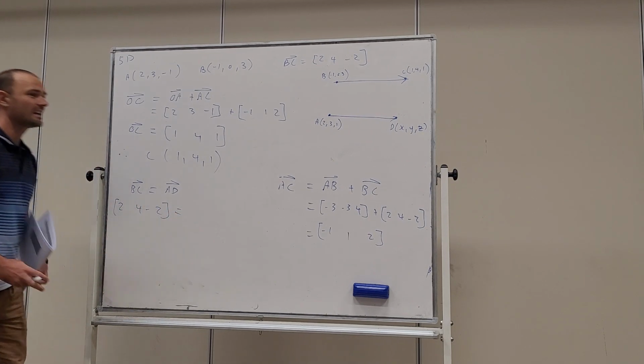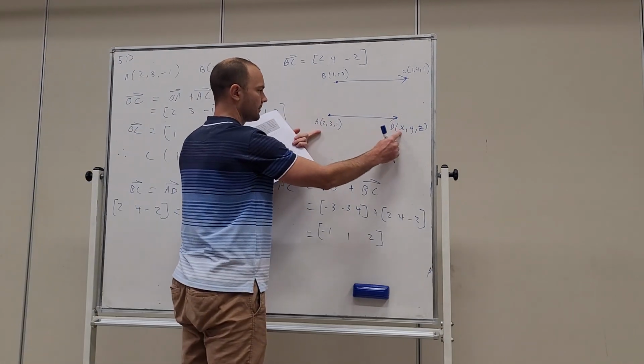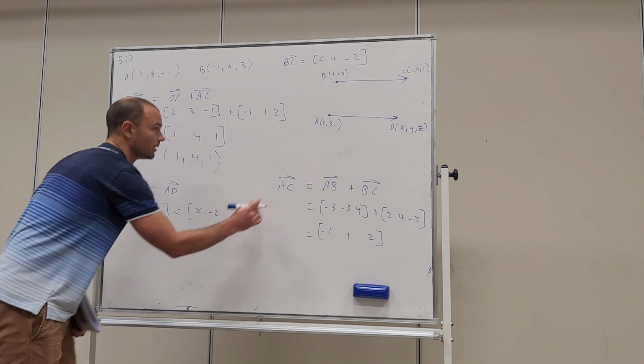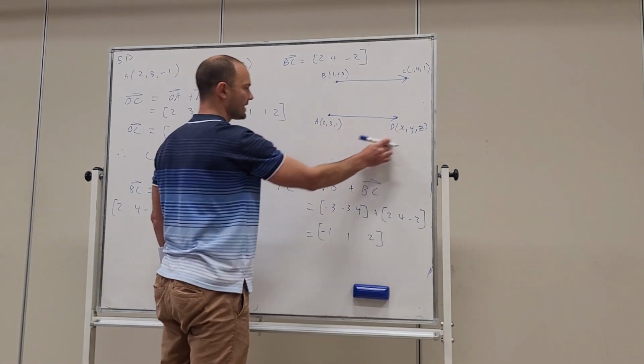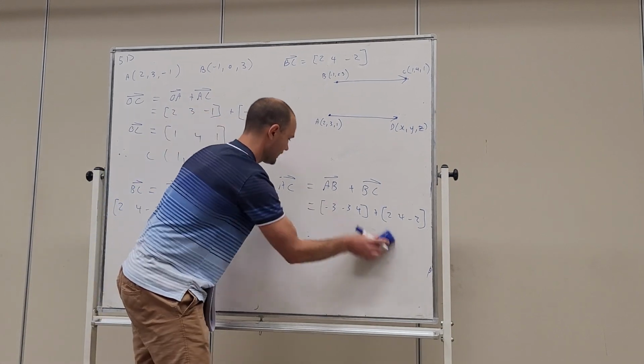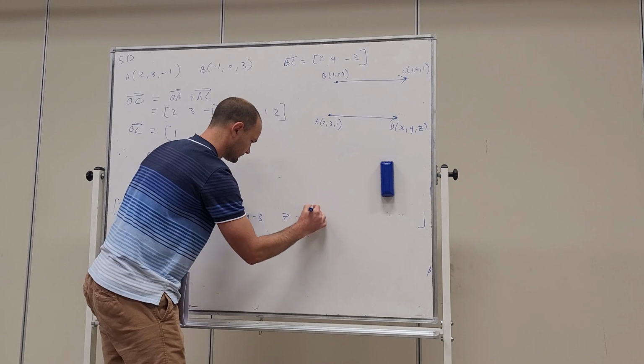And vector AD is the vector from A to D. It's going to be x take 2, that's the first component. y take 3 will be the second component. And then z take 1 for the last component.